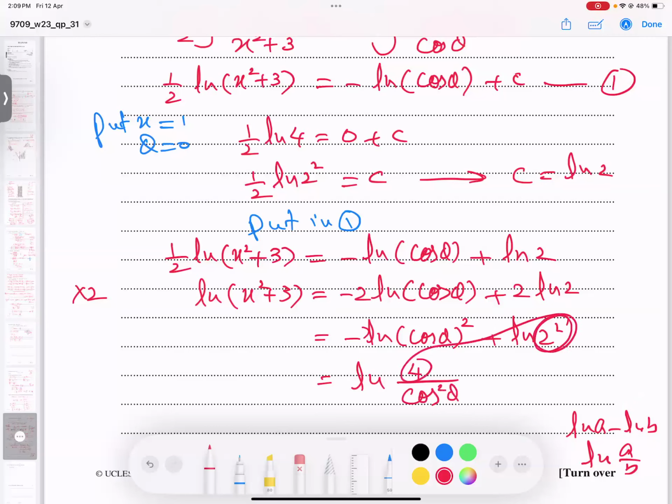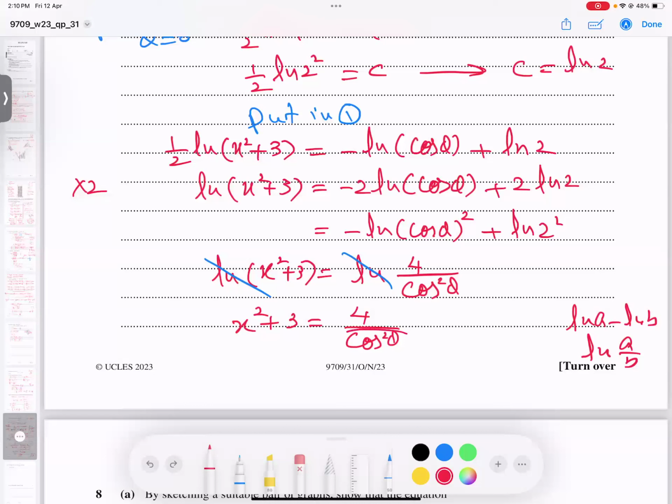And on the left hand side, I have already x squared plus 3. And log cancels out. And I get this kind of thing, students. I believe you're understanding. And I bring 3 to the other side. I can leave cos squared as it is, or I can write secant. No problem, because basically 1 over cos squared is equal to secant squared theta.